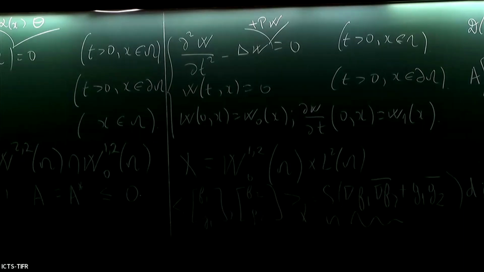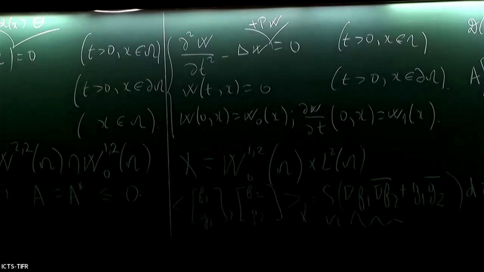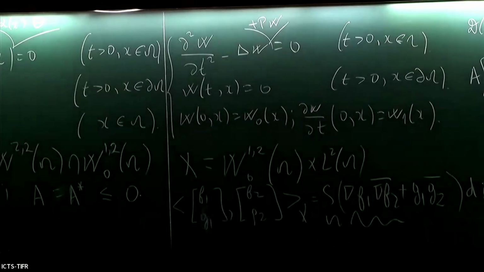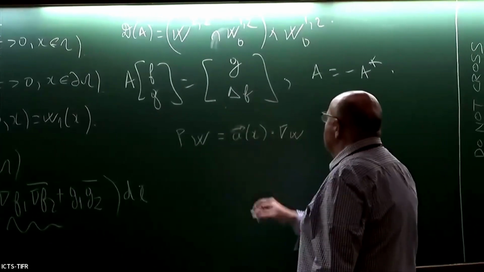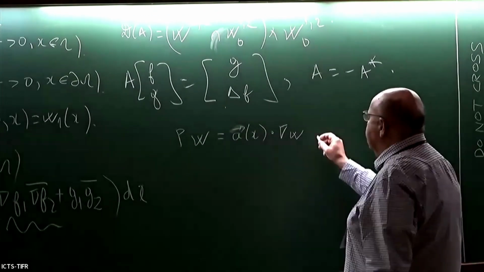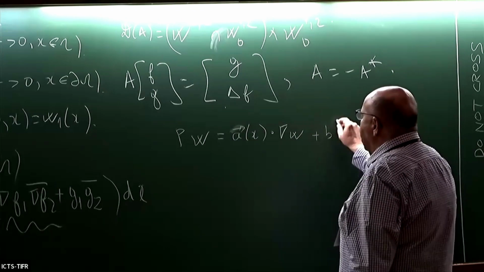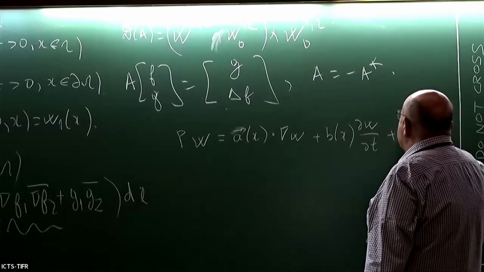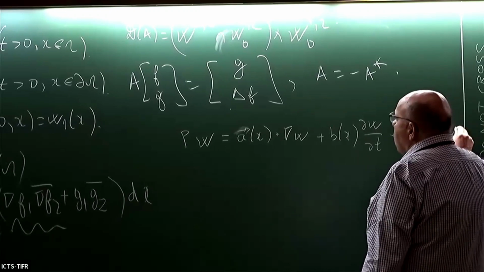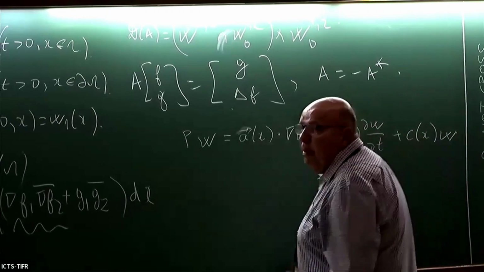let's say, A of x, a vector, times the gradient W. This is a vector, plus B of x dW over dt, plus C of x W, with, let's say, all these three guys bounded.